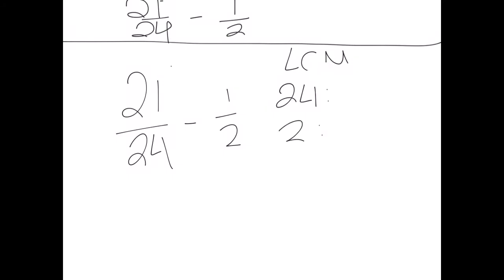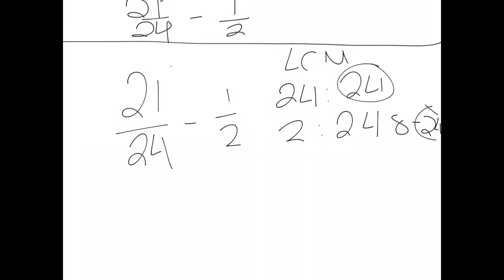I already know right off the bat that 24 will probably be our denominator. So let's see, 8 and 24, and then this is just 24. So there's our least common multiple, 24.